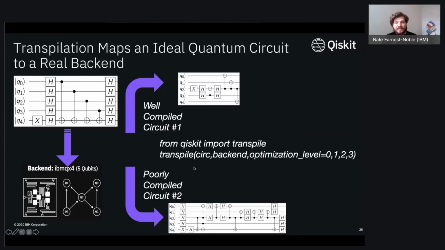Now, within Qiskit, there's this transpile function in which you can take this idealized quantum circuit and whatever backend you're interested in, and then map that to the hardware using different optimization levels. So zero is really not doing any sort of optimization at all, only taking into account the connectivity of the device and mapping it accordingly.